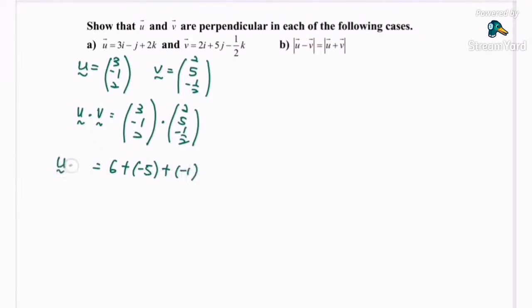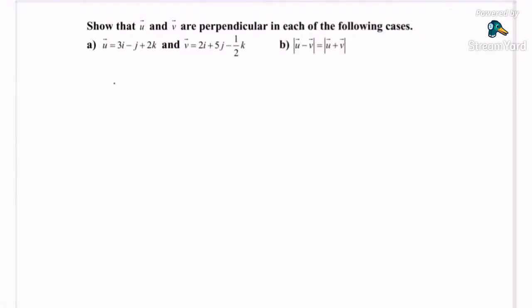So u dot v is equal to 6 minus 5 minus 1, where we have 0. So when we have u dot v equal to 0, it shows that vector u is perpendicular to vector v.